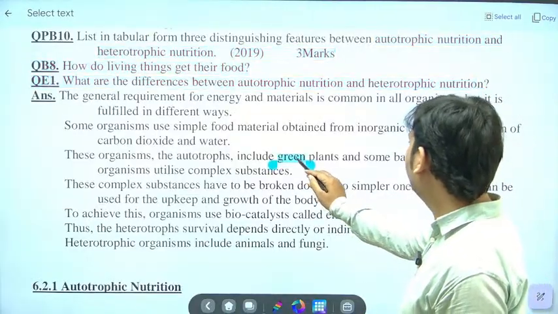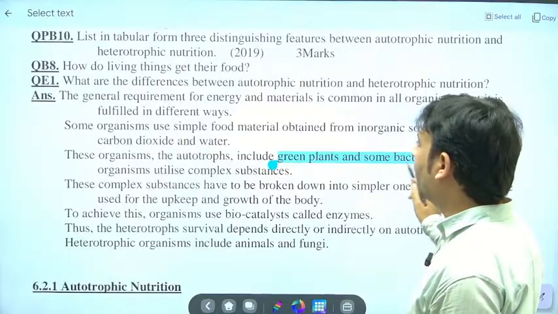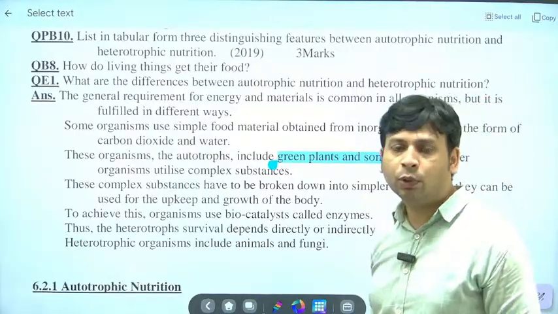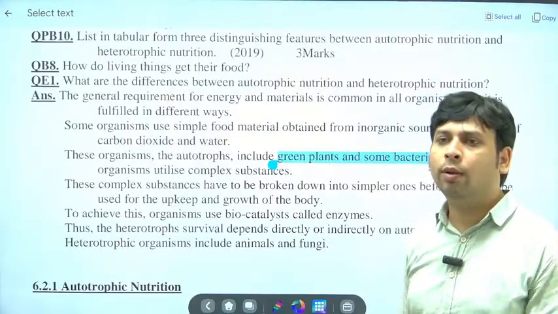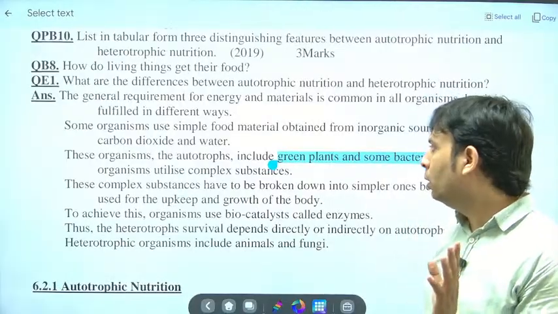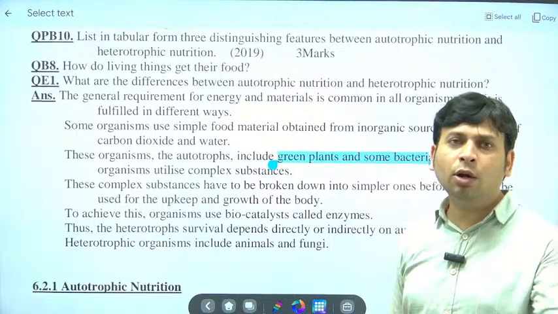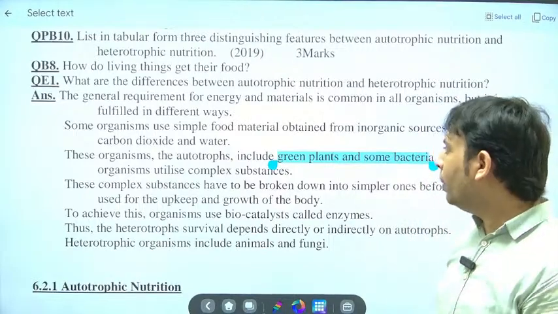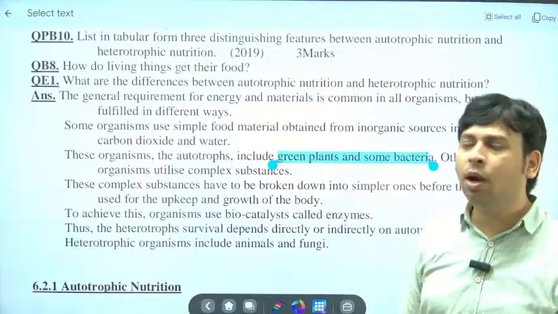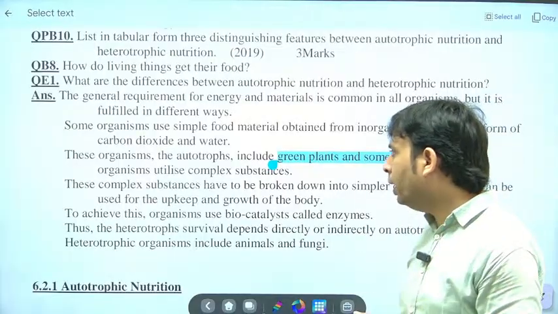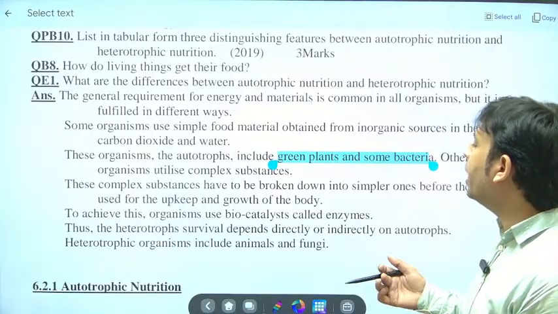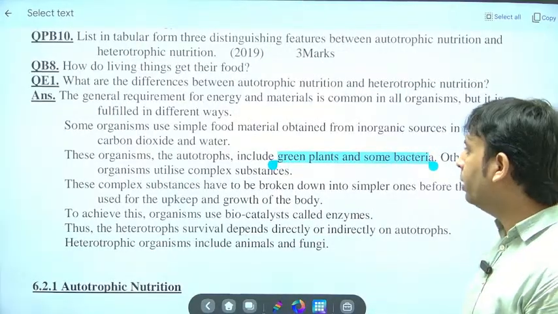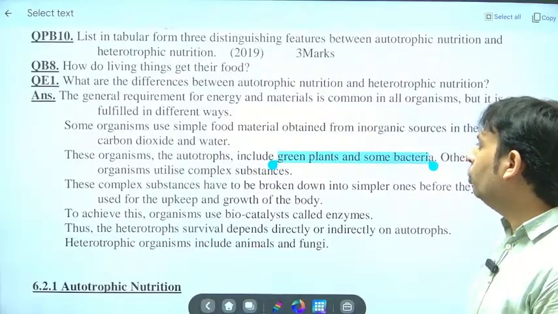Green plants and some bacteria, who make their food by their own, are called autotrophs. They do not depend on other organisms for their food. They make their food by their own, so they are called autotrophs. They use sources like carbon dioxide and water for their nutrition.